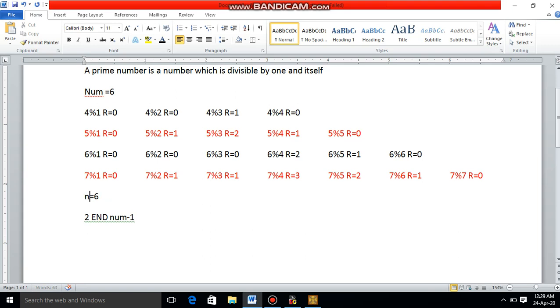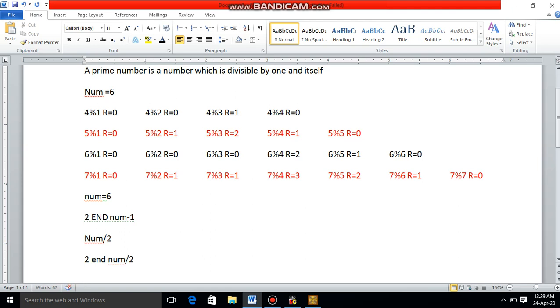What I am trying to say in the upcoming program is, instead of dividing that number up to num minus 1, it is more than enough to divide that number up to num by 2. That is, it is more than enough to find whether the given number is prime or not.